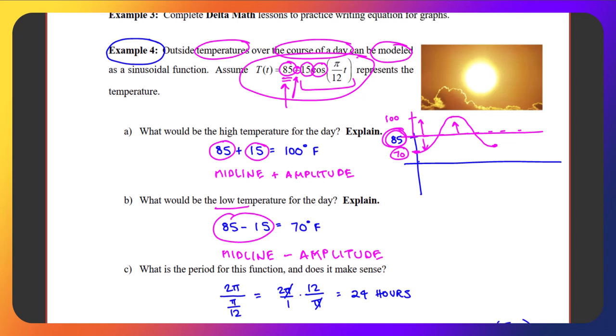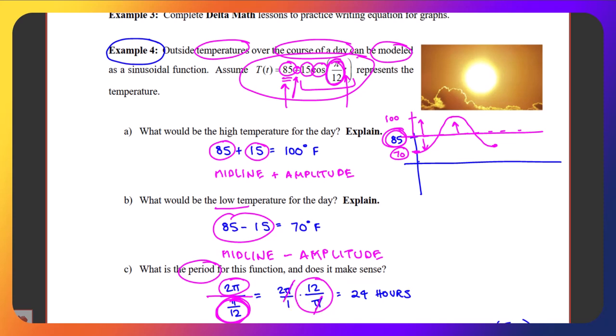So period, we know is 2 pi over b, and b is the coefficient of the variable inside the function. Normally it's x, but since here we're talking about time, the variable is t. So the number in front of the t is pi over 12. Dividing by pi over 12 is the same thing as multiplying by 12 over pi, times 2 pi.